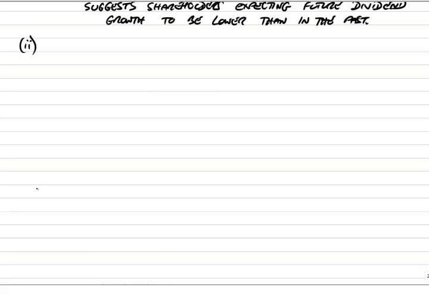Now, they want us to use the dividend growth model, but the first thing to be very clear about is this: when we did it in part 1, we were working out a share price at 2009.